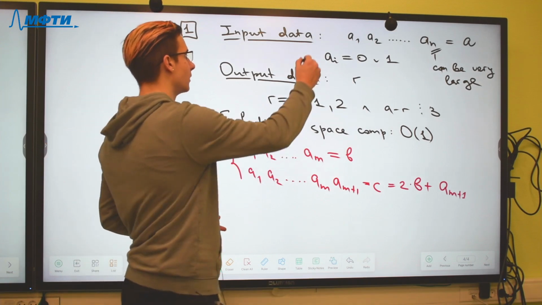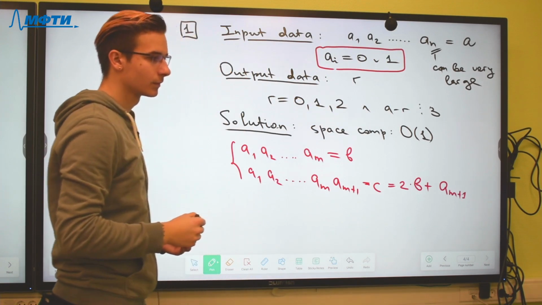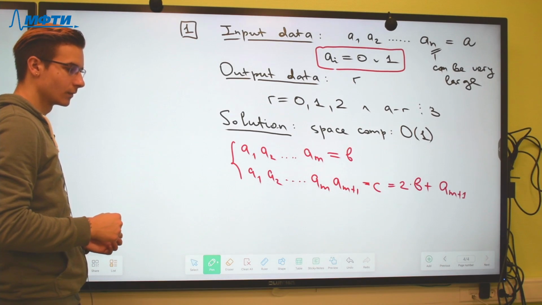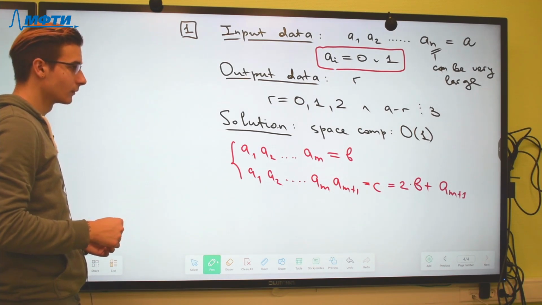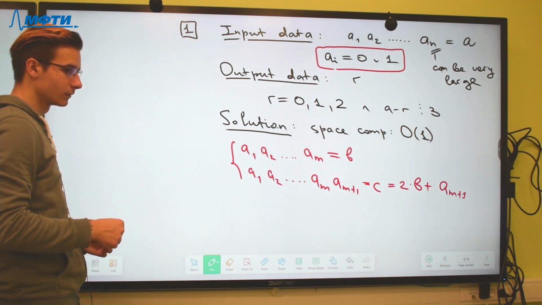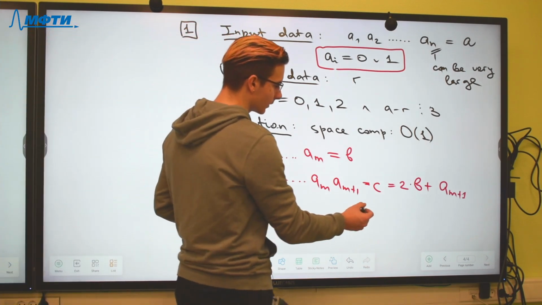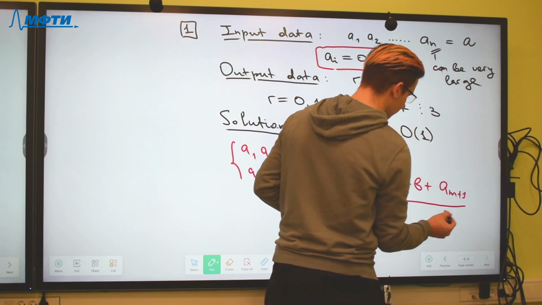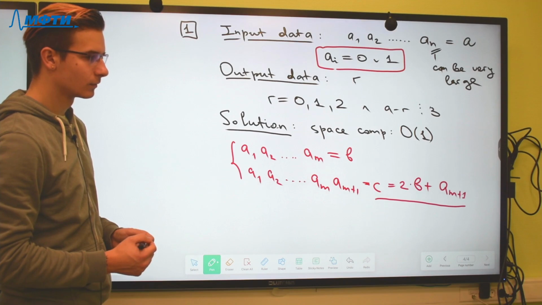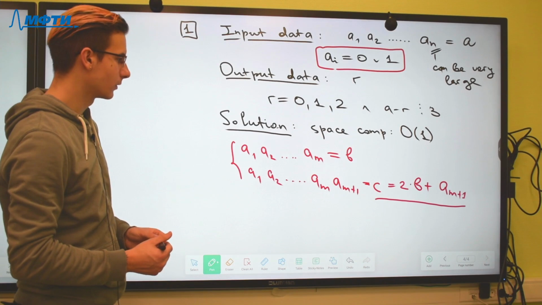And all of these characters are equal to 0 or 1. So do you understand why it is true? No, okay.